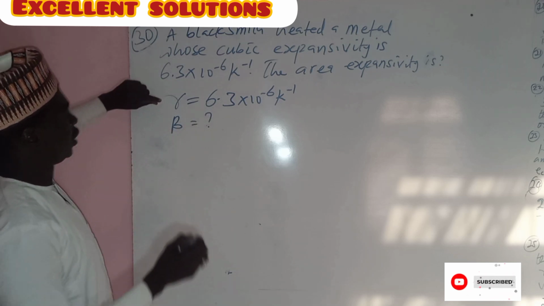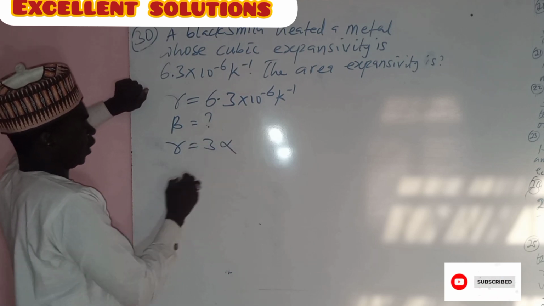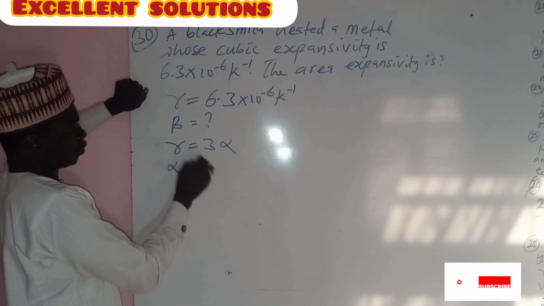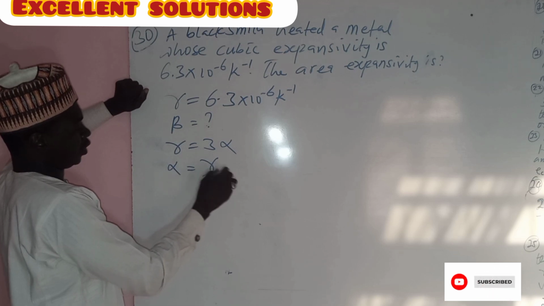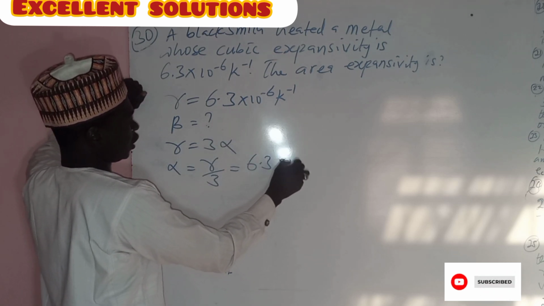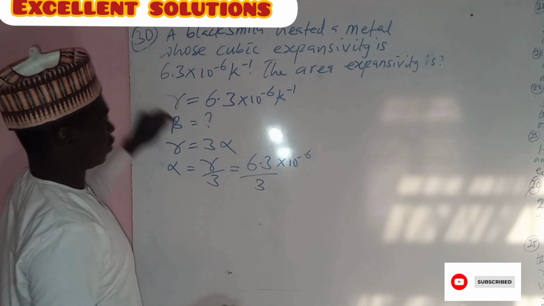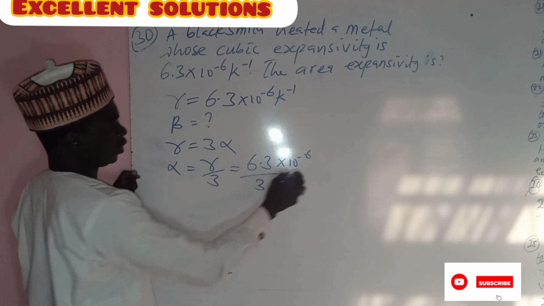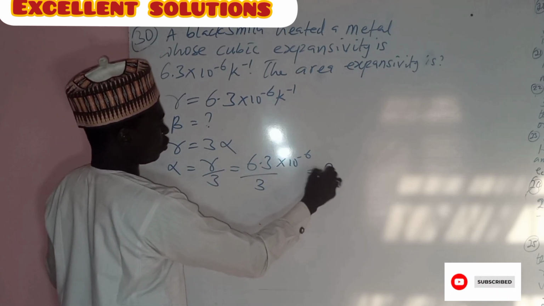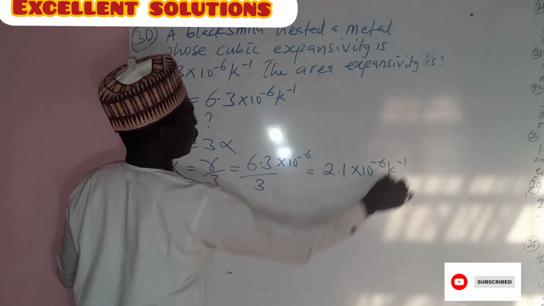So if we recall here, gamma equals 3 alpha, so alpha equals gamma over 3, and this is the same as 6.3 exponential minus 6 divided by 3. So 3 here we have, this is now the same as 2.1 exponential minus 6 per Kelvin.